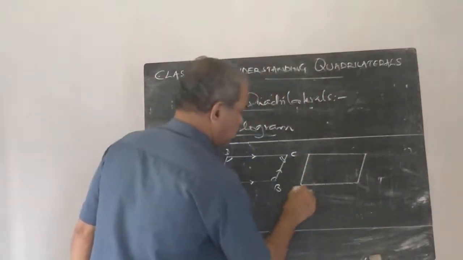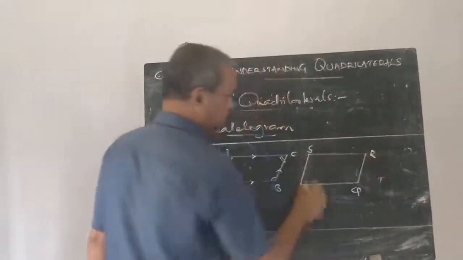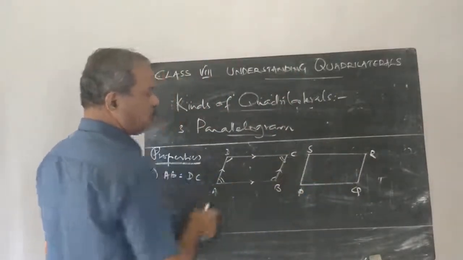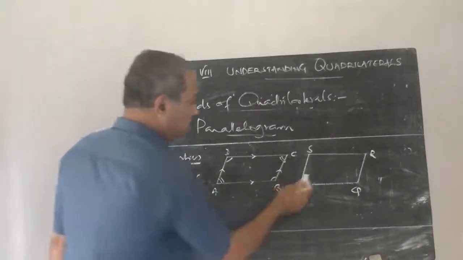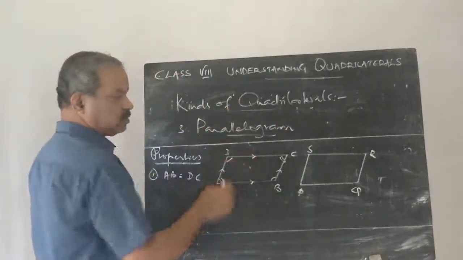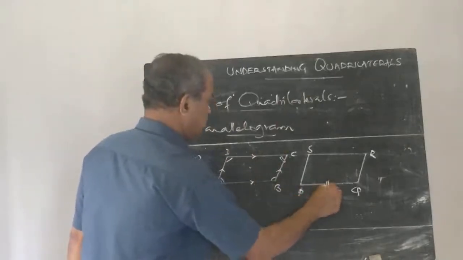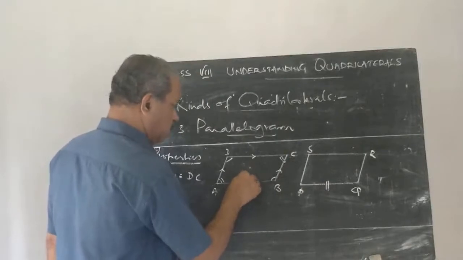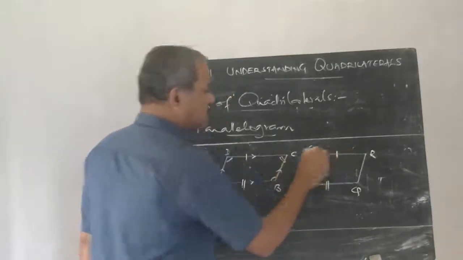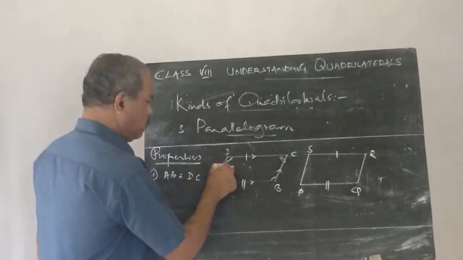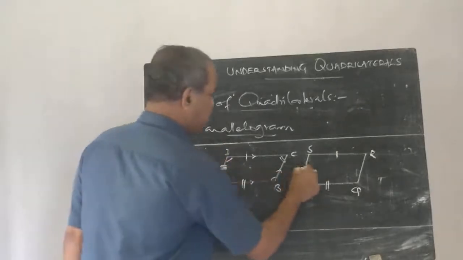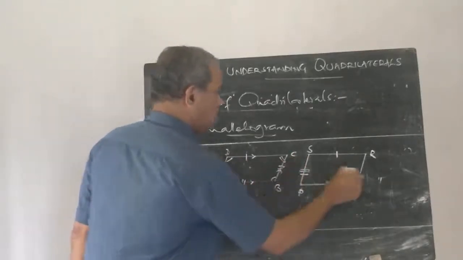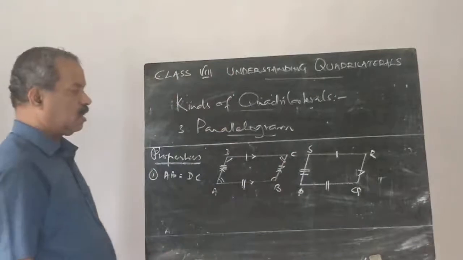Then fix this in the reverse order on this. You can see that PQ and AB are equal, DC and SR are equal, AD and PS are equal, BC and QR are equal.